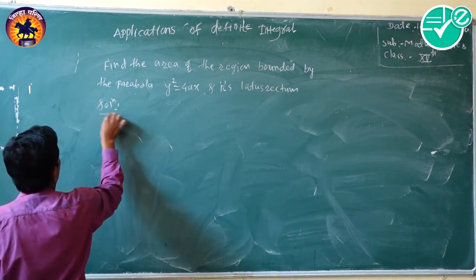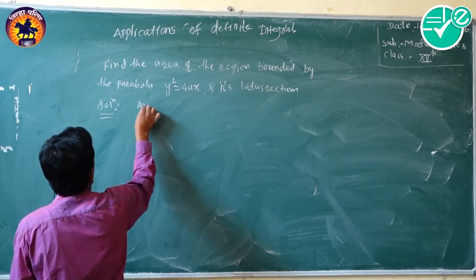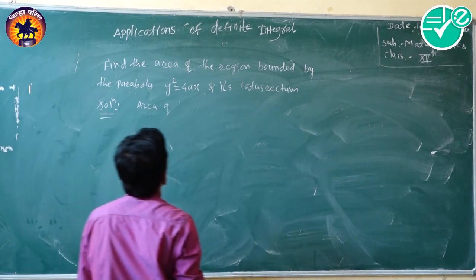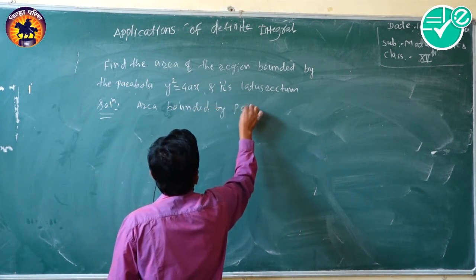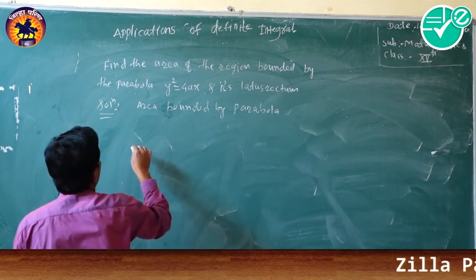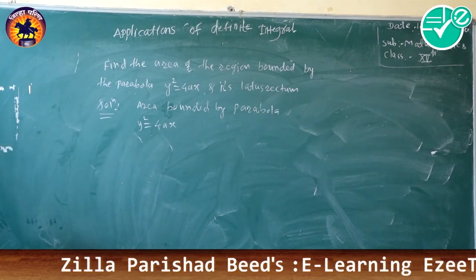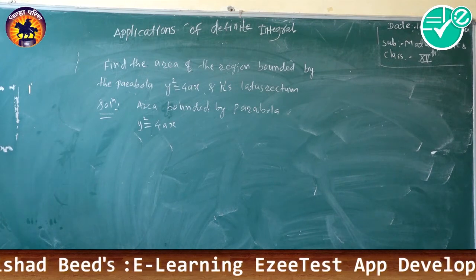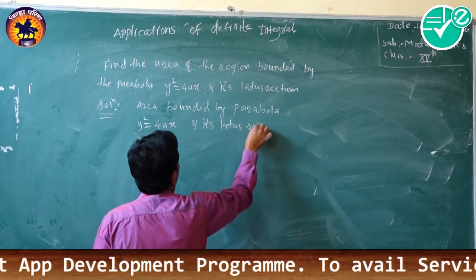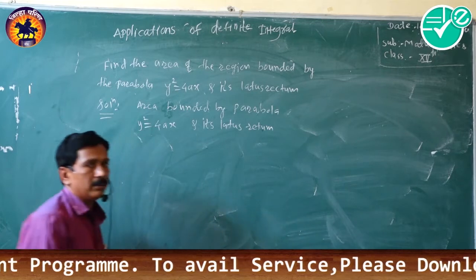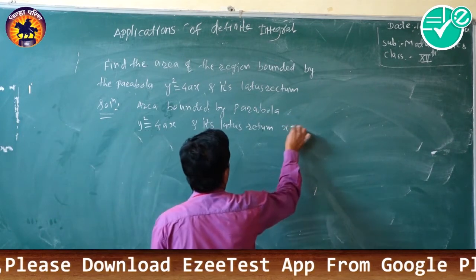Solution. Now we have to find the area bounded by the parabola y square is equal to 4ax and its latus rectum, which is nothing but x is equal to a.